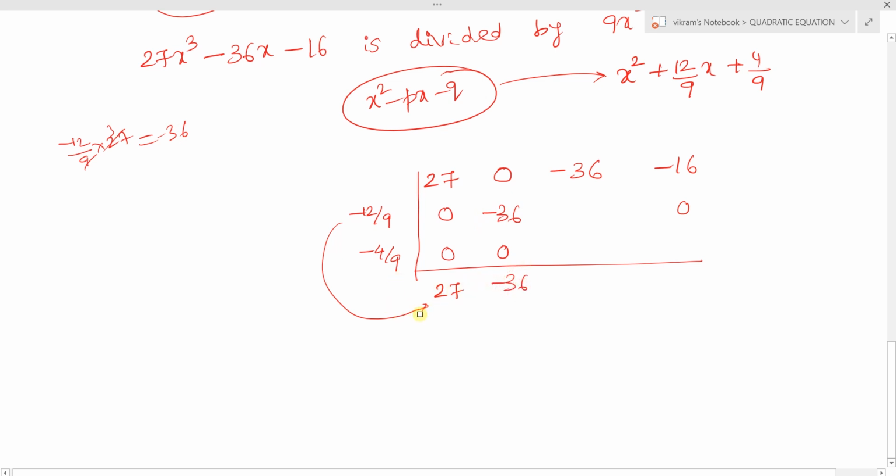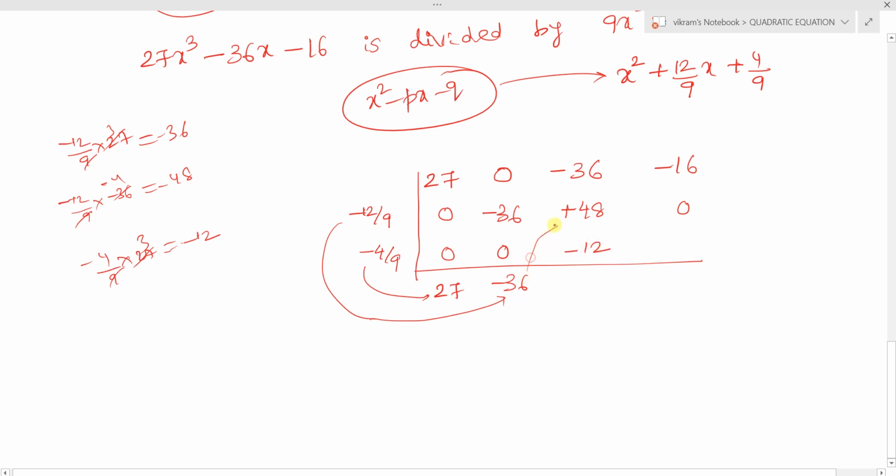Now multiply minus 12/9 into minus 36, which is plus 48, and minus 4/9 into 27, which is minus 12.